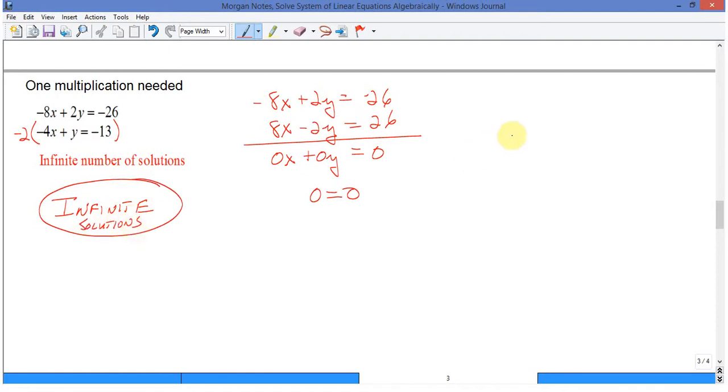To be no solution, we would have to get something like 0 equal to 4. That would be a case where it would be no solution because that is not true for any value of x and y. Now, that's not what we had here, but I just wanted to let you know that 0 equal to 0 is in fact true for every situation.